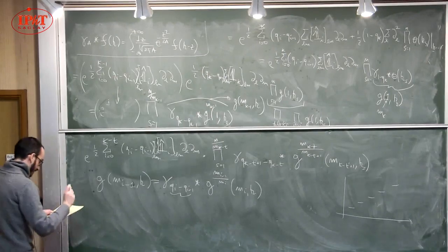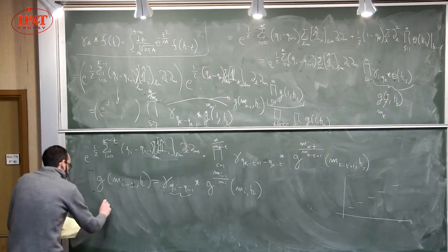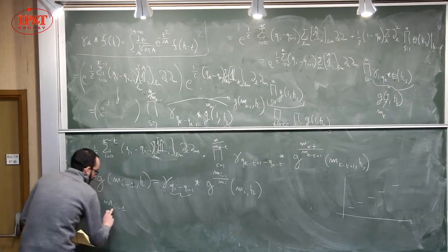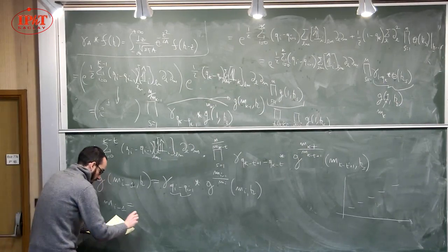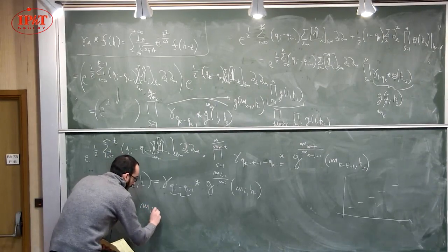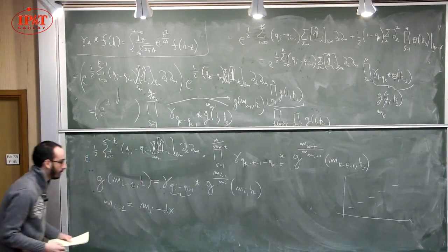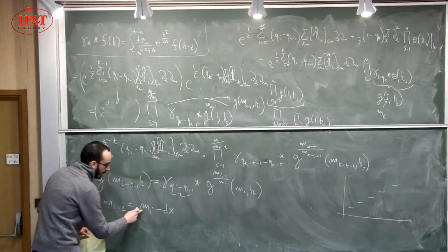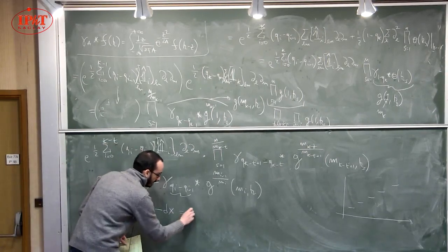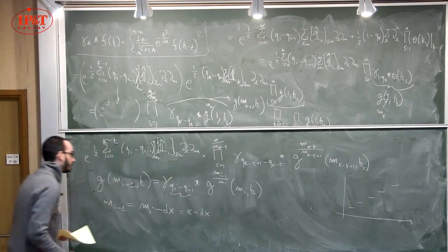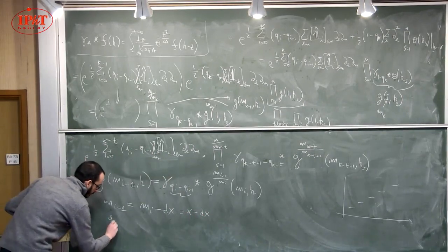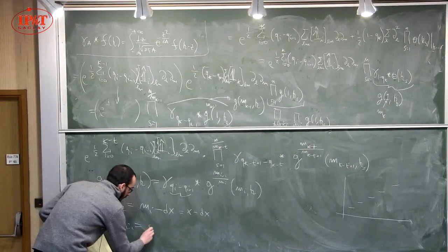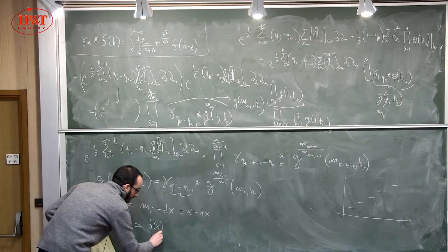So what we will do, and of course this is not rigorous, but let me do it. I will say that mi minus 1 is equal to mi minus dx, where this is smaller. And I will call mi x, so this is x minus dx. And qi minus 1 is equal to q of x minus dx.